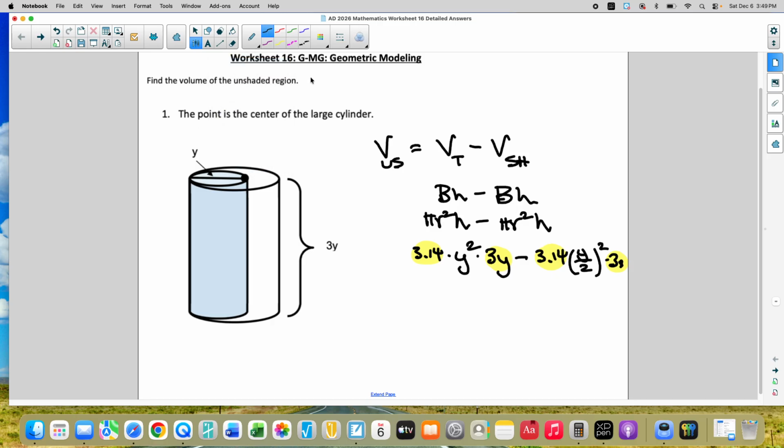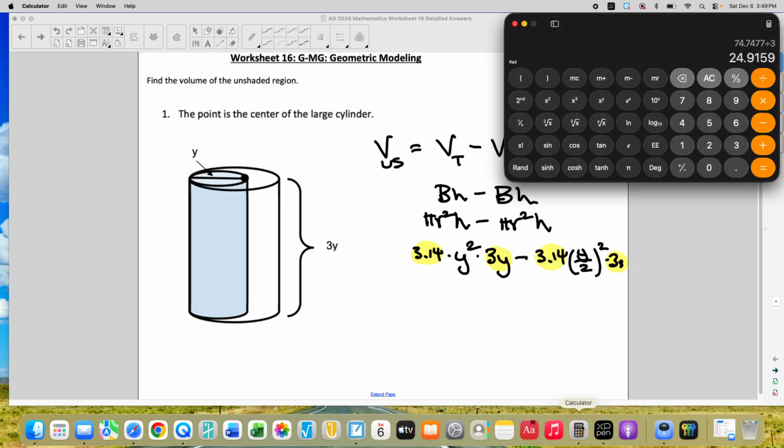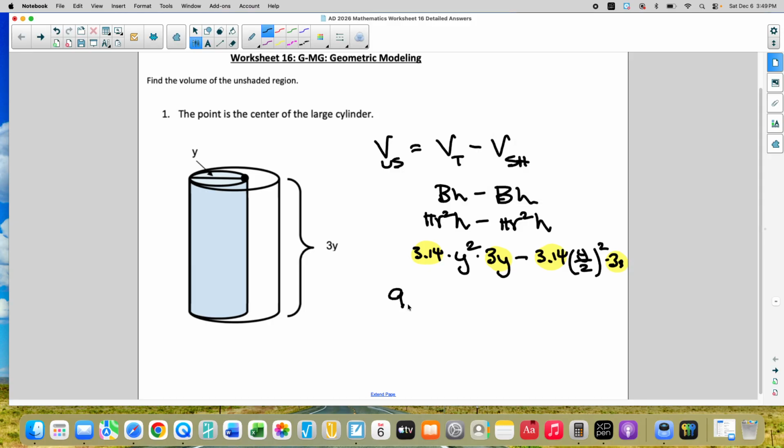Technically we can multiply those, so let's multiply. What's 3y times 3.14? 3.14 times 3 gives us 9.42y. If we pull that out, you're left with y squared minus y squared over 4.